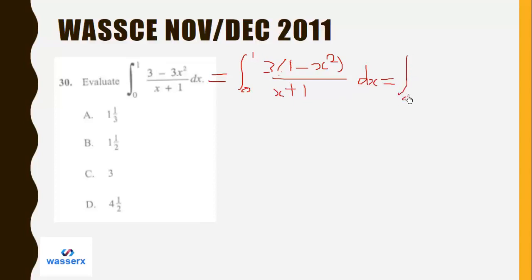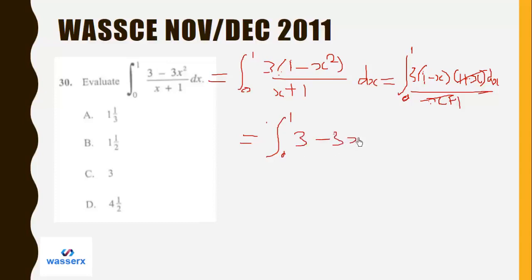Now we use the difference of two squares over here. So we have 3 into (1 minus x) into (1 plus x) dx all over (x plus 1). So this will cancel this, then we are left with the integral from 0 to 1 of 3 minus 3x dx.